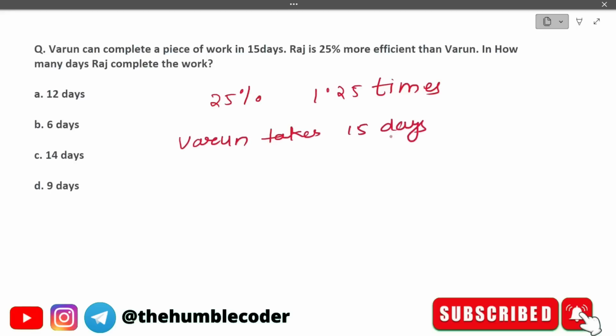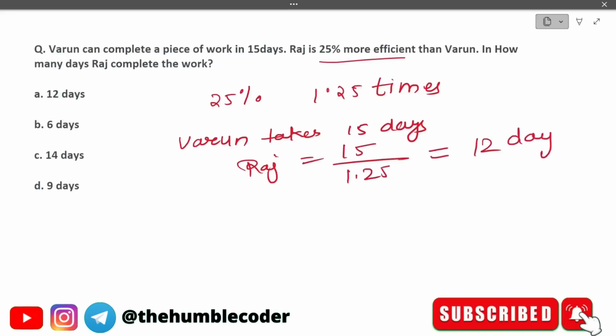So Raj will take less than 15 days, because Raj is 25% more efficient. So how can we calculate that? Raj will take 15 by 1.25. So in this case, our answer is 12 days. Okay, the correct answer in this case is option A, which is 12 days.